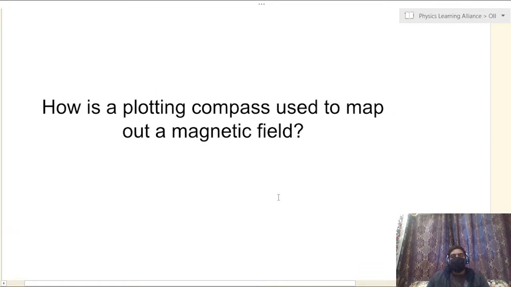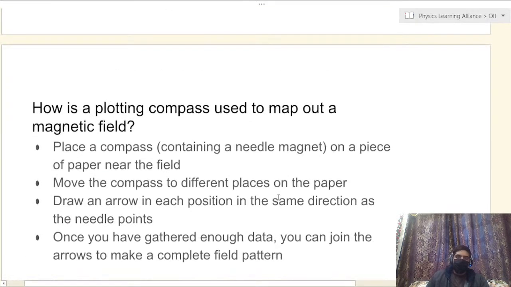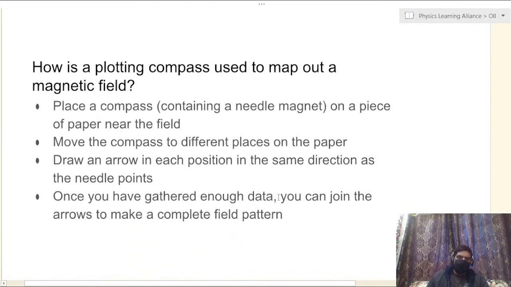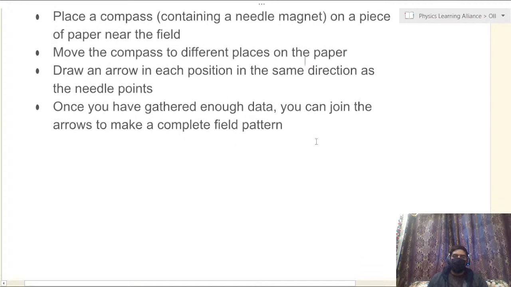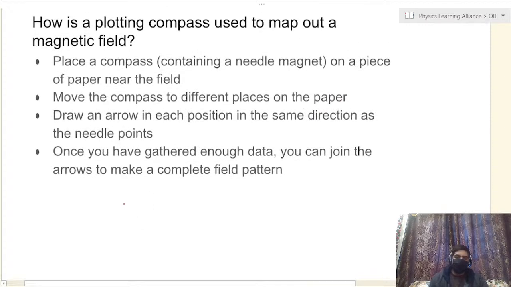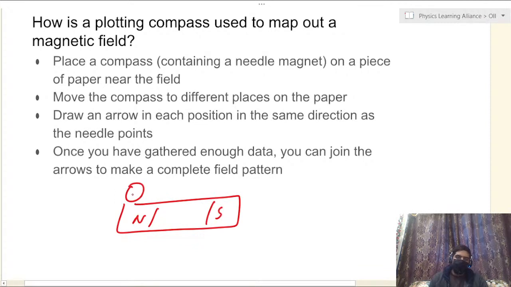How is a plotting compass used to map out the magnetic field? There's a procedure for that. You place the compass, let's say this is your magnet, you want to find the direction of magnetic field. This is the north pole, you place the compass somewhere over here, and the compass will point in a certain direction.